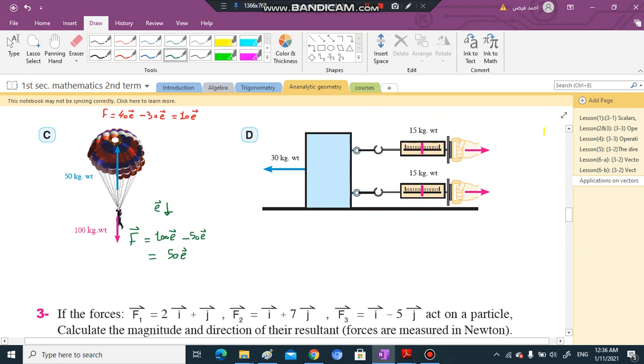And the last one, we have the unit vector E in the direction of the force 15 kilogram weight. So the resultant force equals 15E plus 15E minus 30E, so it will be 0 or the O vector, where E is the unit vector in the direction of the force 15 kilogram weight.